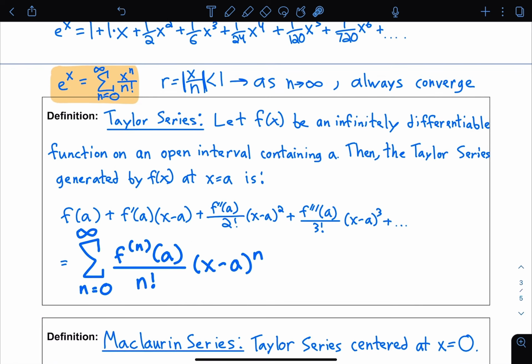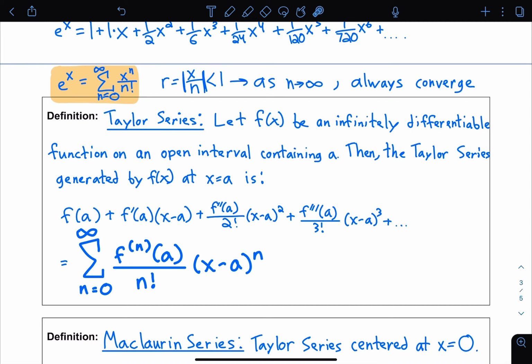But again, all of this is only applicable to certain very specific functions: infinitely differentiable functions. So could I do this for something like sine of x? Yes. Eventually the derivatives loop back to sine of x, but it is infinitely differentiable.